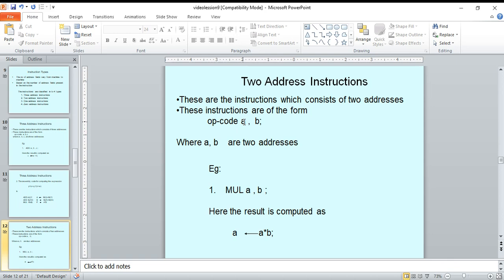See this instruction format. Opcode, we know it: what operation is going to be performed on the data. And then we have only two addresses, A address and B address.